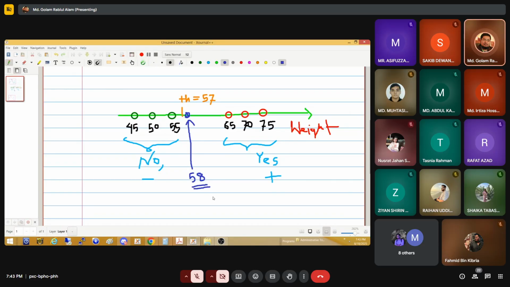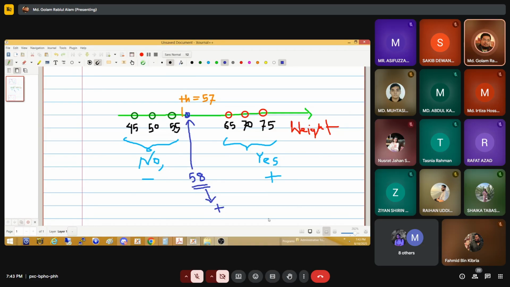Based on our learned model, what will be the class of this new individual? Obese. It is greater than 57, 58 is greater than 57, so it will classify this individual as obese, meaning this person has obesity.